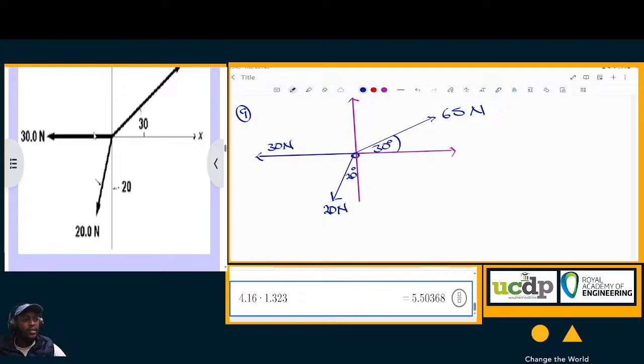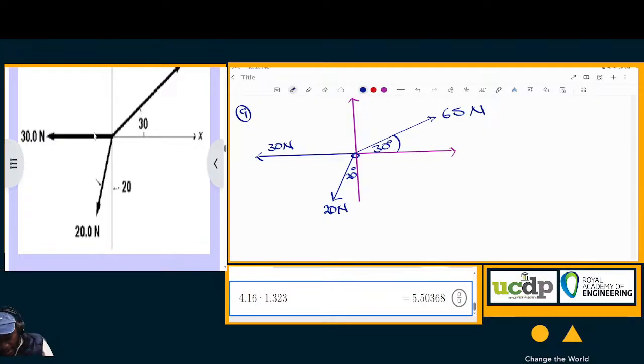So again, just like we did on the first question, we are going to resolve forces in the x direction and sum them up, and also sum up forces in the y direction.